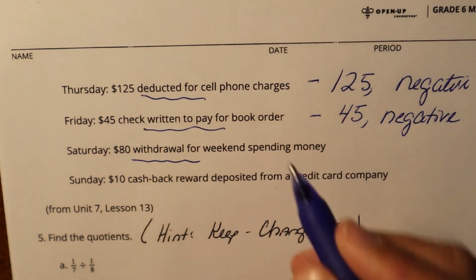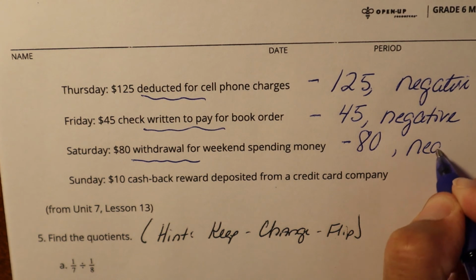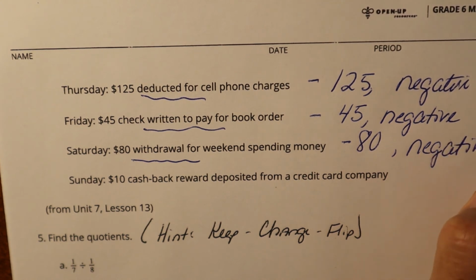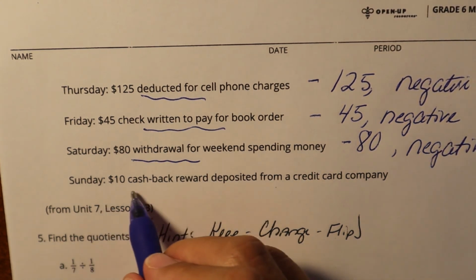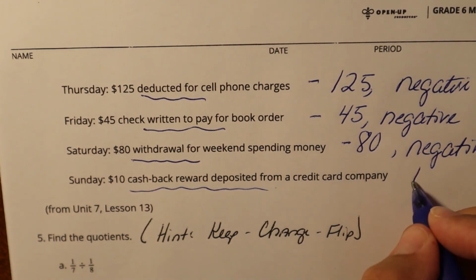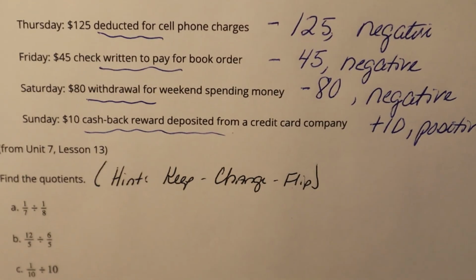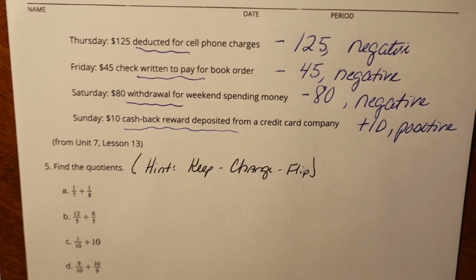Okay, so notice some of these key words here. That would be, again, a negative 80. $10, you got a cash back reward that was deposited, so put back into your account. That would be plus 10, positive. Oops, kind of cut you off there. Sorry about that.